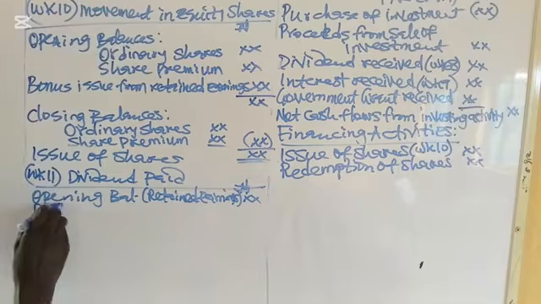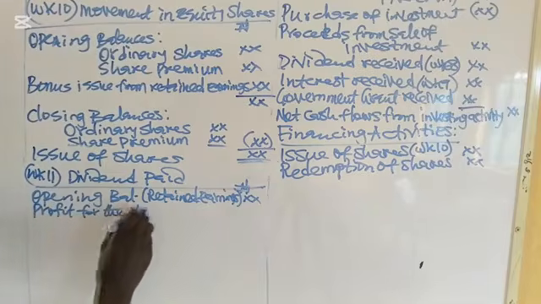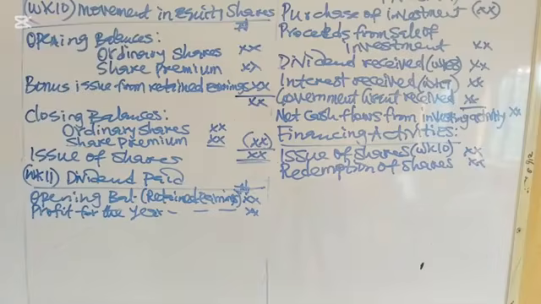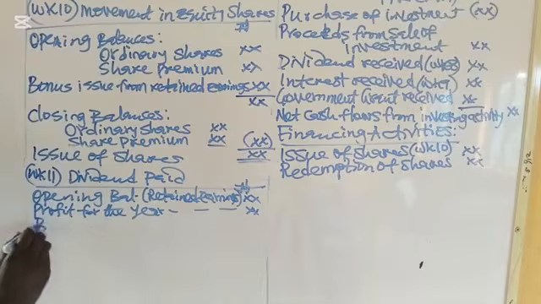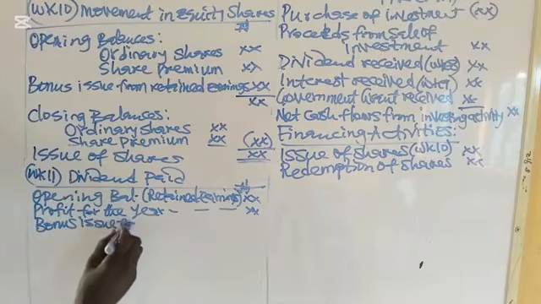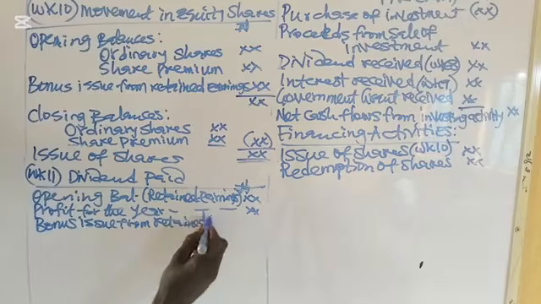You add this profit for the year. Then you could have where bonus issues are made from retained earnings.